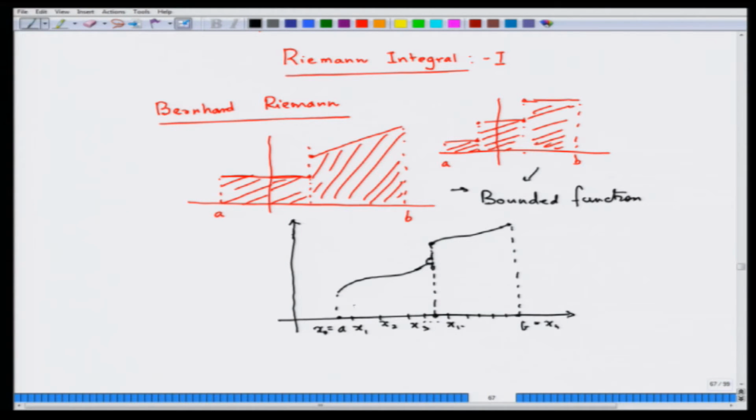What we are doing is drawing rectangles, joining up with the upper part of the graph and drawing one set of rectangles. Okay, let me draw the partition slightly more clearly. These are my partition points.